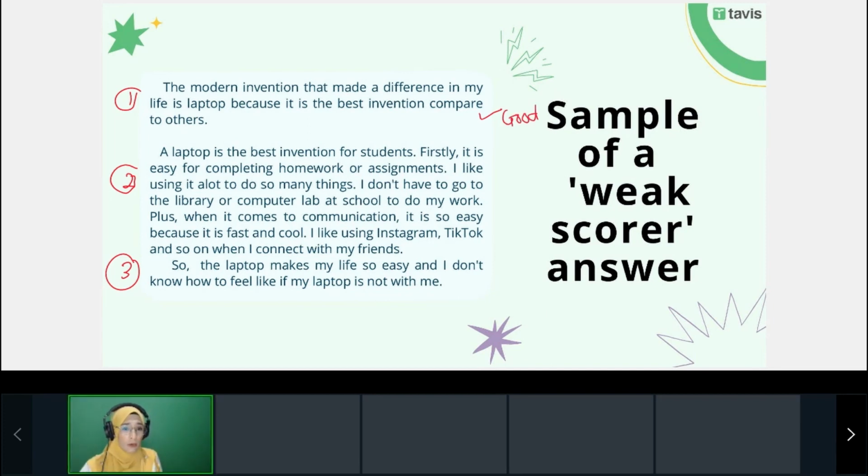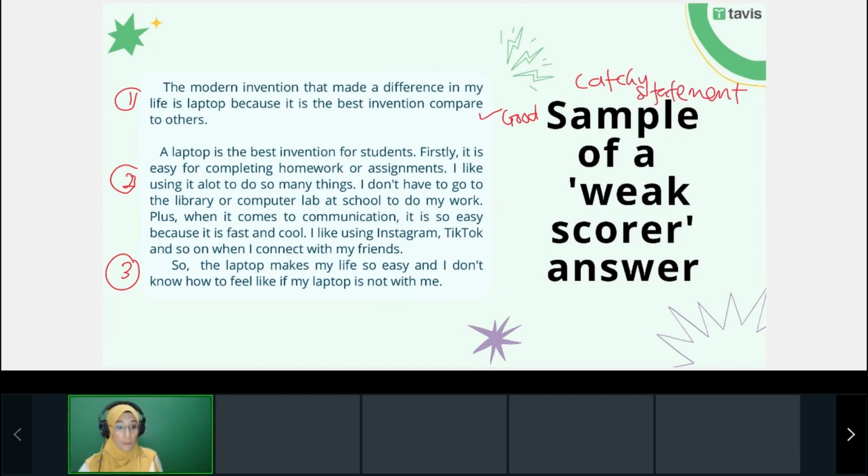So instead of saying straight away the modern invention that has made a difference, like answering a question, try to come up with a hook. Try to come up with a catchy statement.